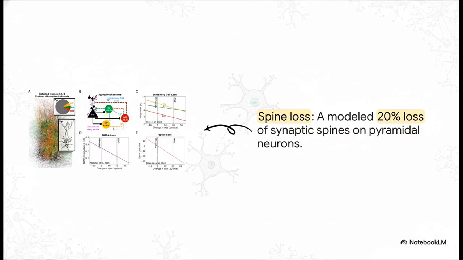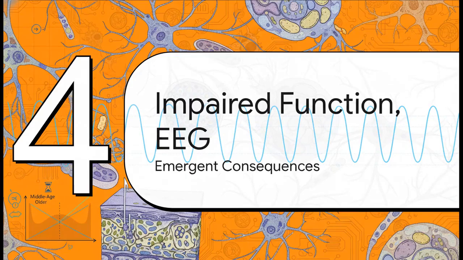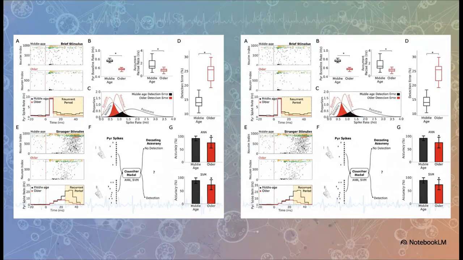Okay, so with these 3 aging mechanisms integrated, simulations were run to compare the middle-aged and older microcircuit models. The objective here was to see what functional consequences would emerge from these specific cellular and synaptic changes without any further tuning of the model parameters. The simulations revealed a distinct functional deficit.